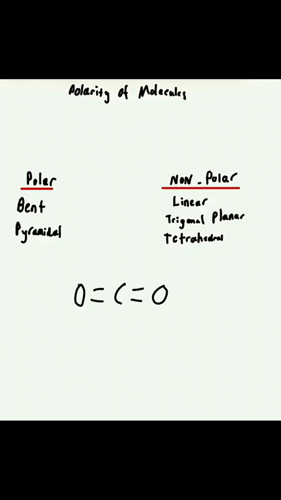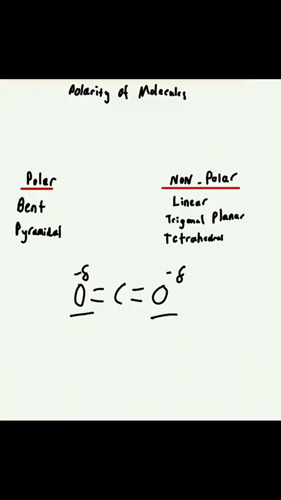But because of the shape of this molecule, we're still going to have a partial negative over here and a partial negative over here. Because they're on opposite sides and in opposite directions, they actually cancel each other out, because for a molecule to be polar, it has to have one region that is partially negative or partially positive. This one's got two, one on each side.